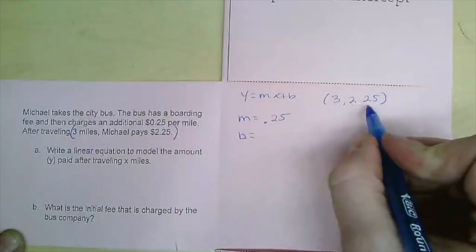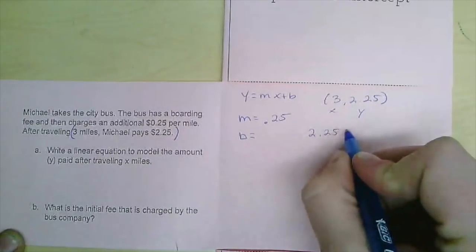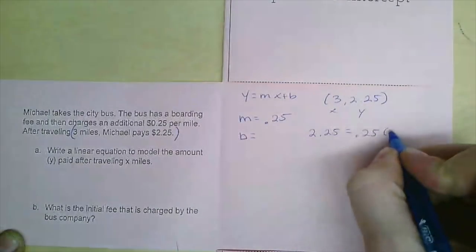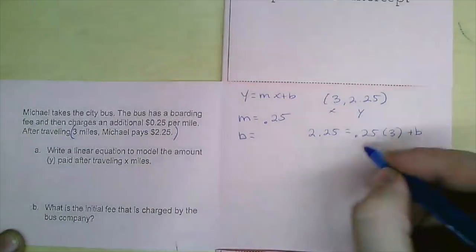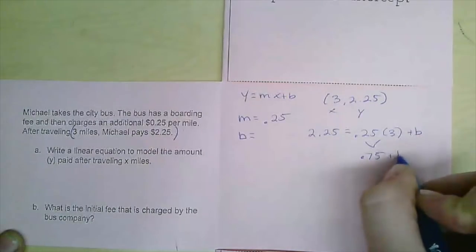That means I would have 2.25 as the Y value. That's equal to the M of 0.25 times the 3, and I don't know B, so I still have a plus B. Now I'll go ahead and solve this. Multiply these two together, that's 0.75.